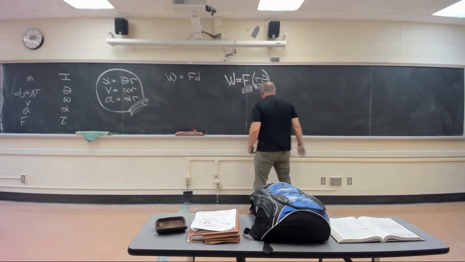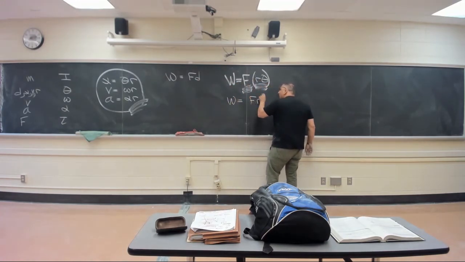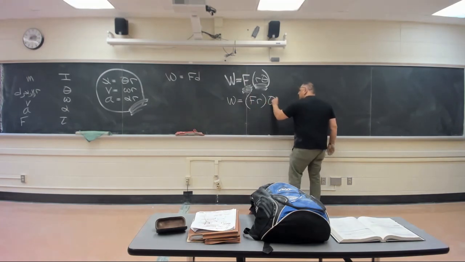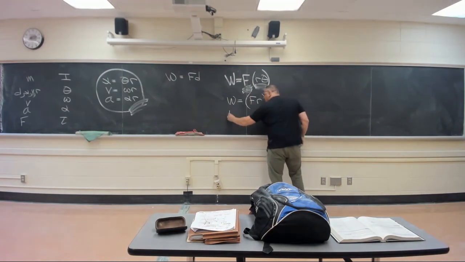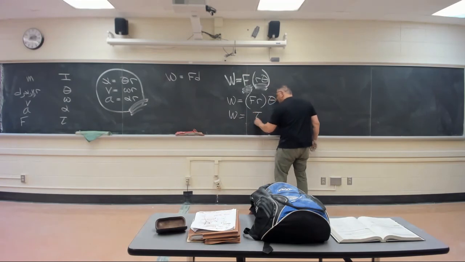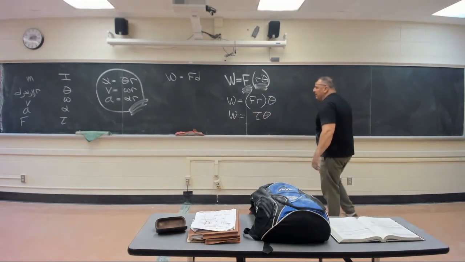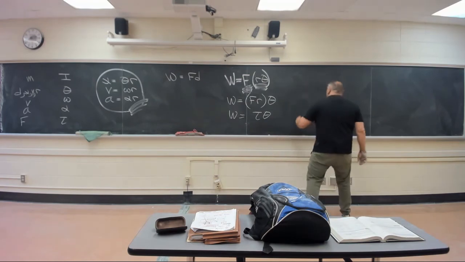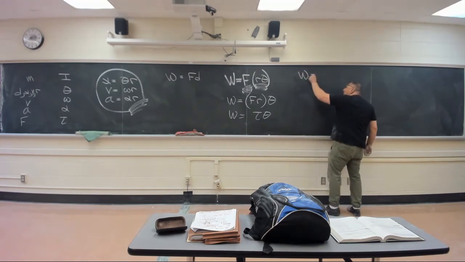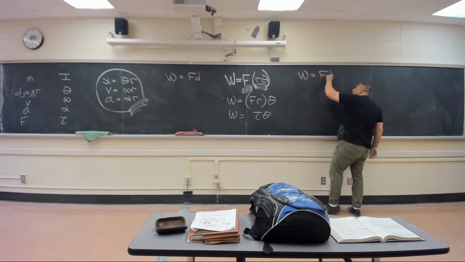Okay, I agree. What do you say you use the associative property? Put the F and the R together, put the theta right here. Wait a minute, F times R is torque. And that's where they're getting this. And that's why they say, okay, well, work is equal to force times distance.